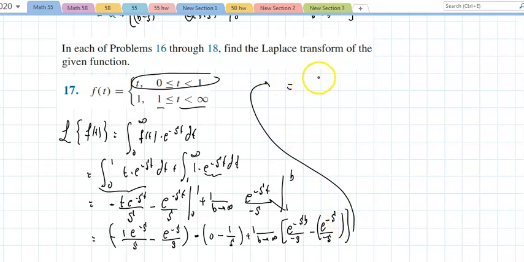And that would be negative 1 over s e to the s minus 1 over s e to the s.